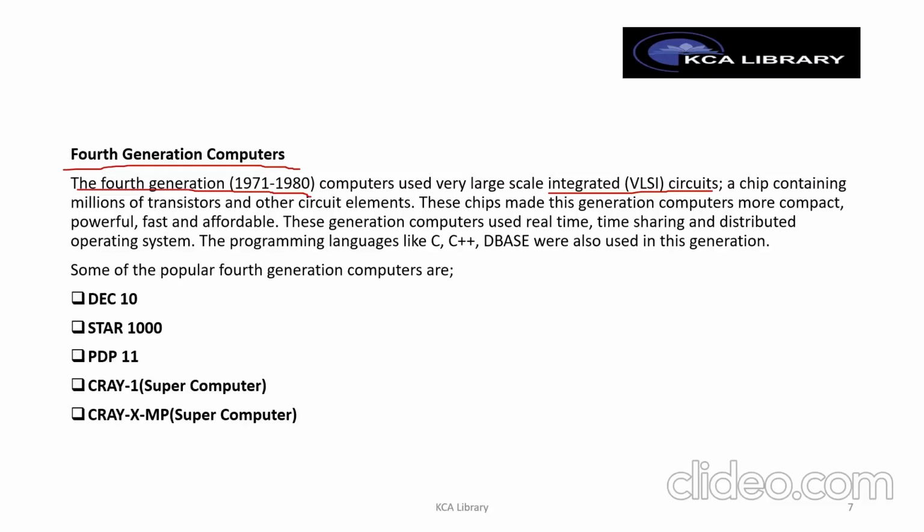These chips made this generation of computers more compact, powerful, fast, and affordable, and this generation used real-time sharing and distributed operating systems. We are going to look at these types of operating systems. Languages like C and C++ came into existence in this generation. These are some of the examples of computers that were used in that generation.